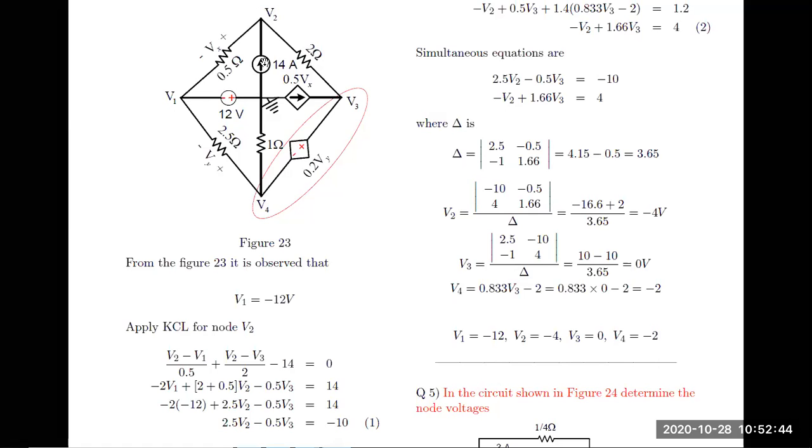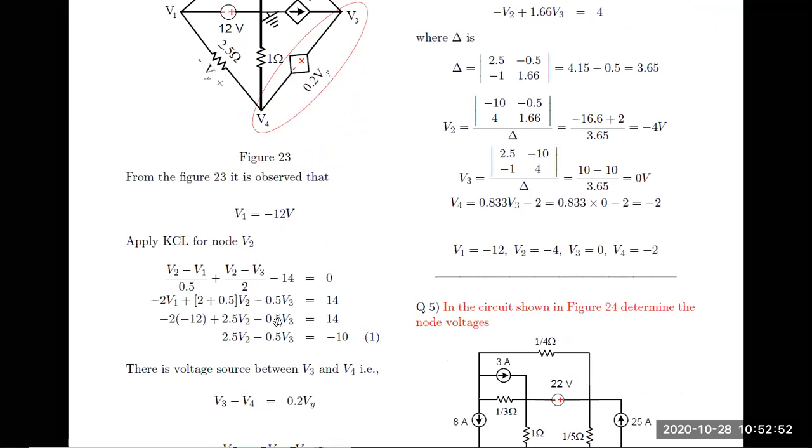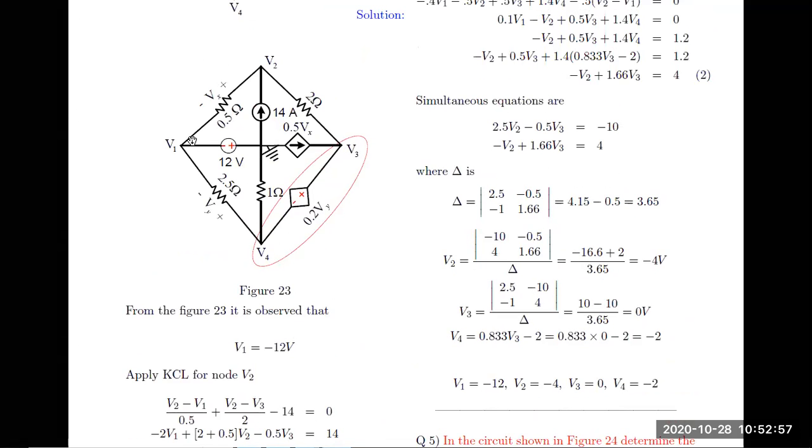(V2 minus V1) by 0.5, (V2 minus V3) by 2. Current is coming towards, so minus. Simplify this one. So this we completed. Directly we got the equation for V2.